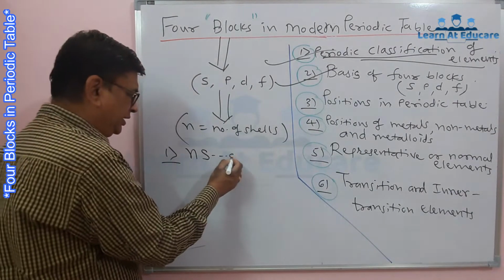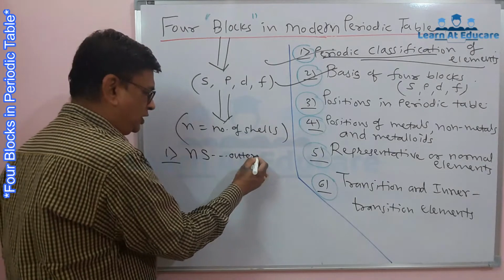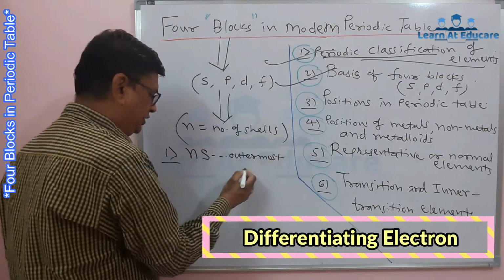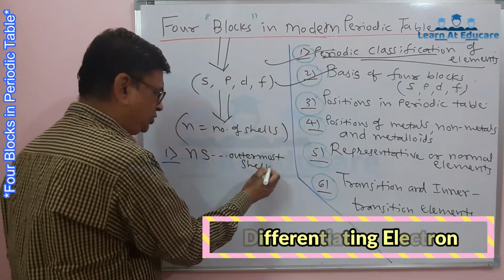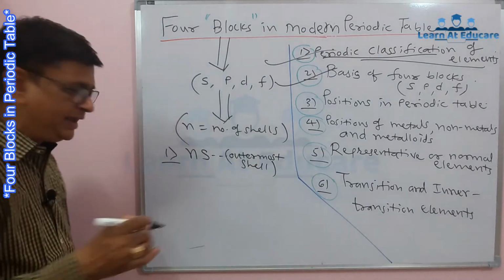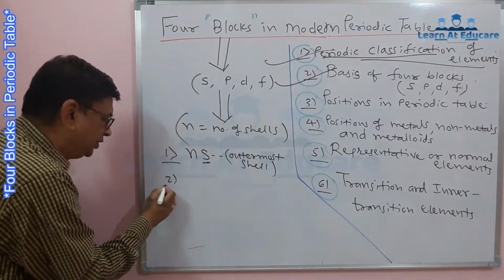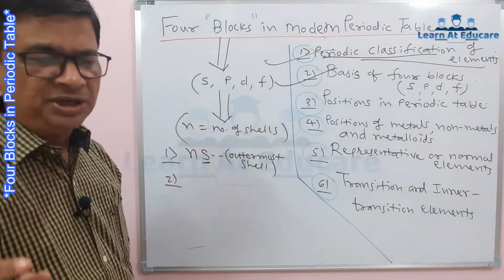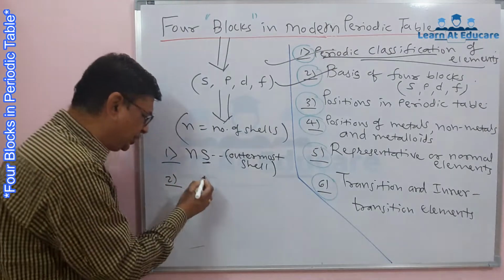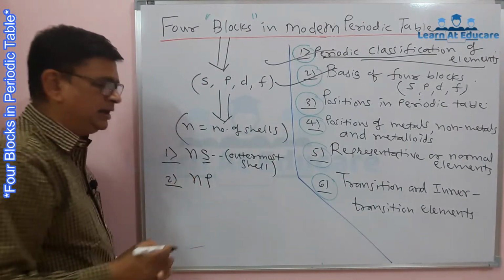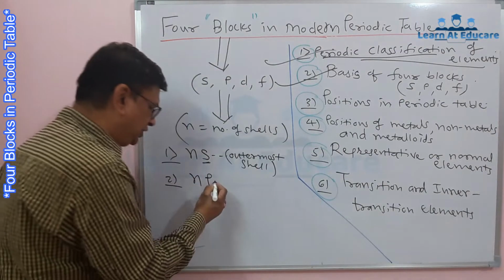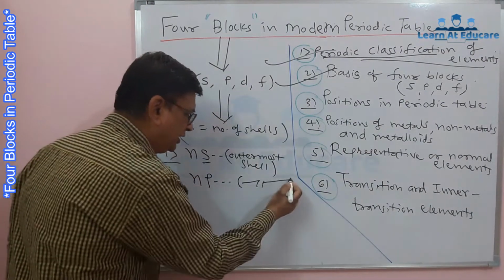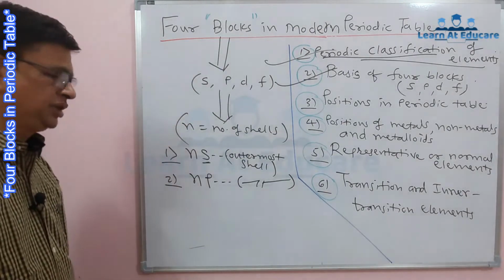So here it is the last electron, also called the differentiating electron, that enters in the outermost shell, in its s orbital. Then in p block elements, the last electron, that is the differentiating electron, enters in the p orbital of again the outermost shell. So here also the last electron enters in the outermost shell.